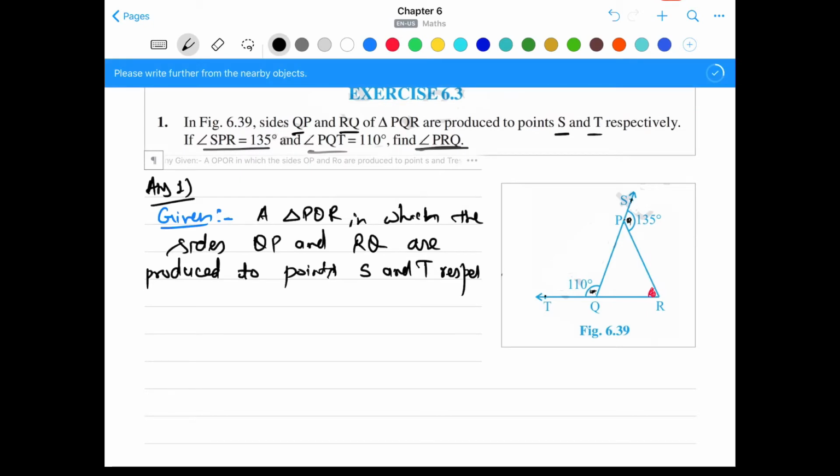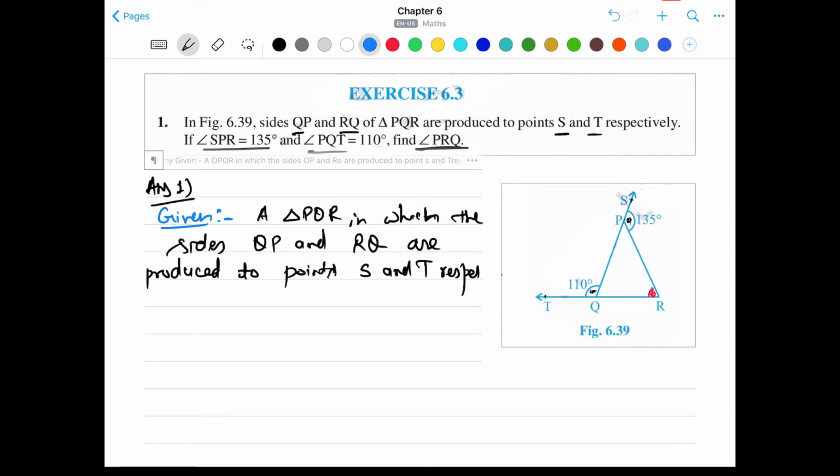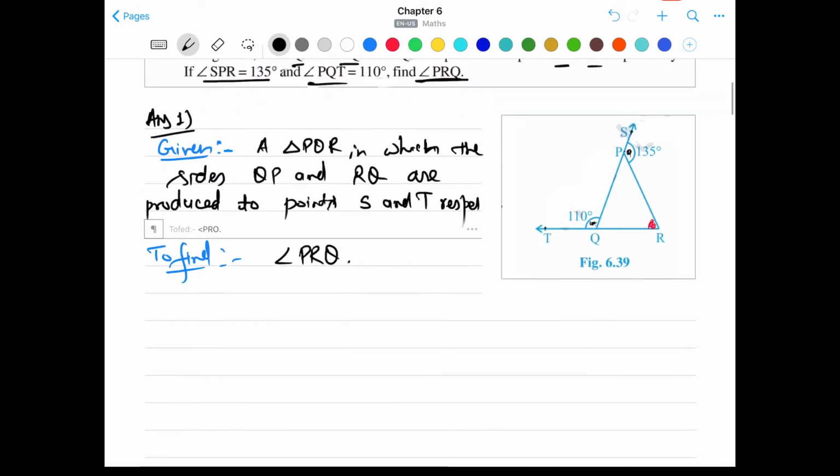Okay, this is what is given to us. Now we have to find the measure of angle PRQ. So let's start its proof or solution.